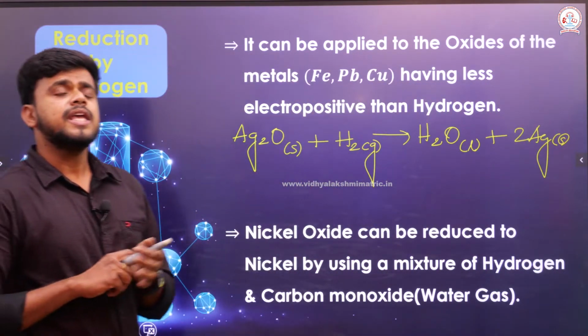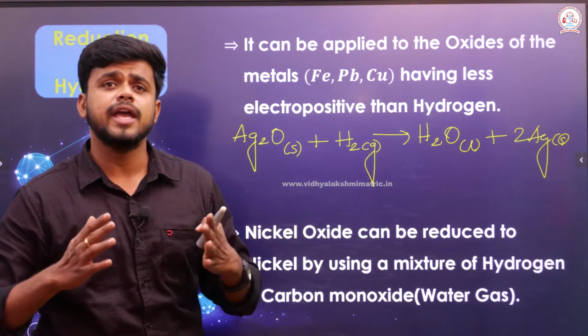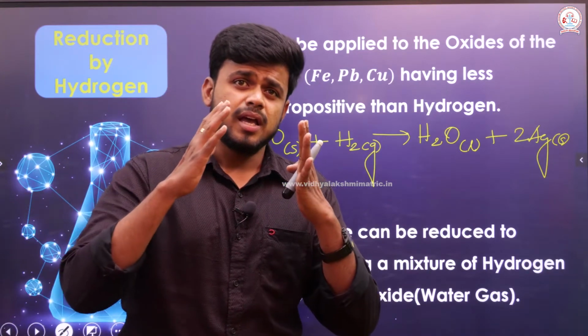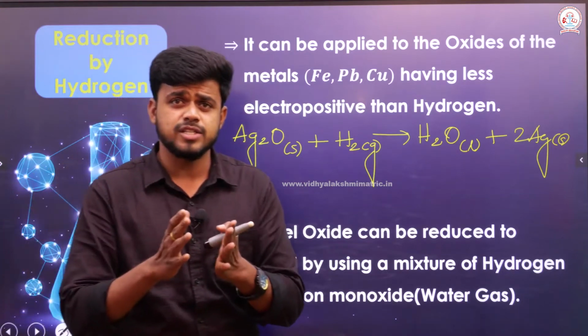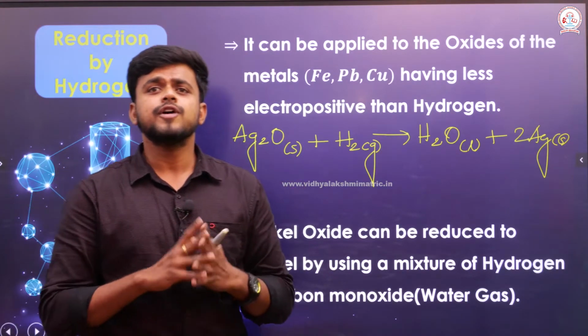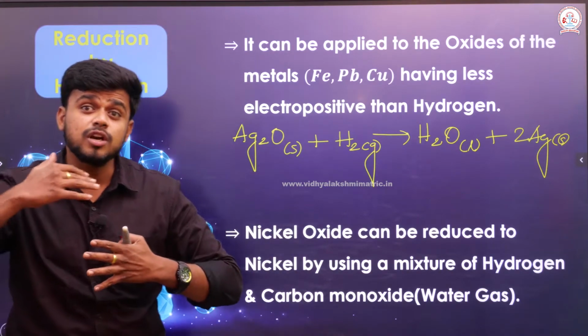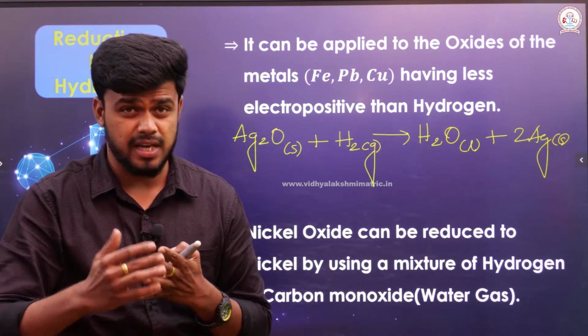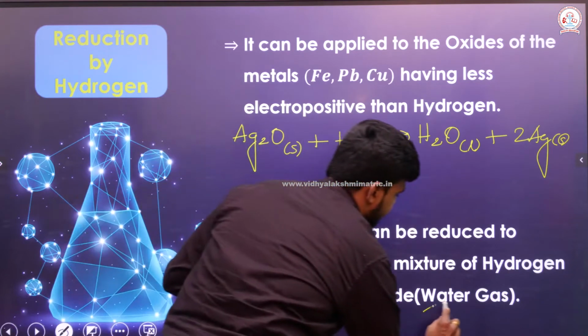If I want to reduce nickel oxide with the help of hydrogen, I can't only rely on hydrogen itself, for which I have to take a mixture of hydrogen and carbon monoxide. We call it water gas.